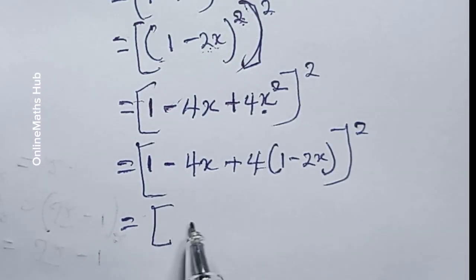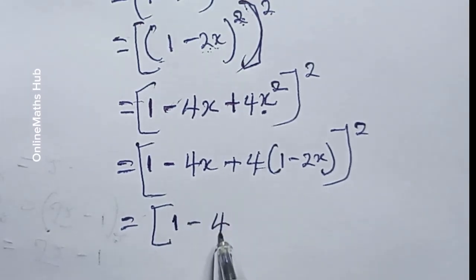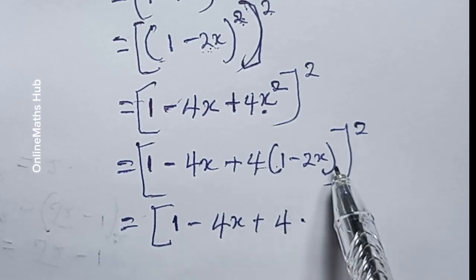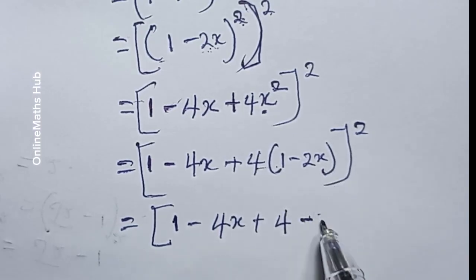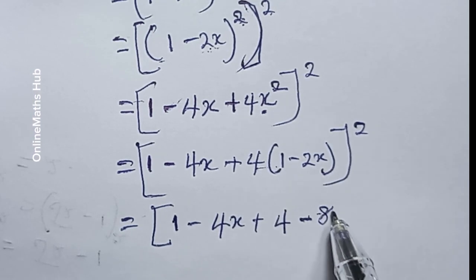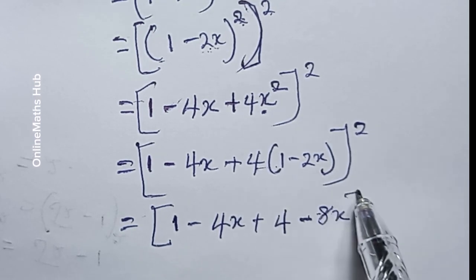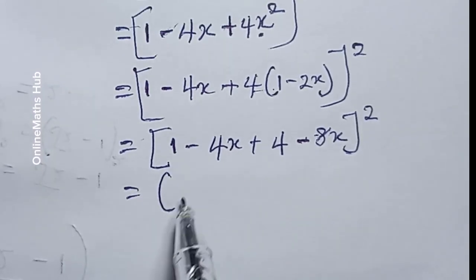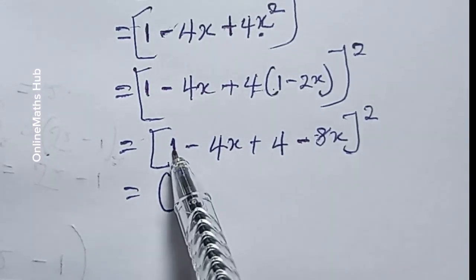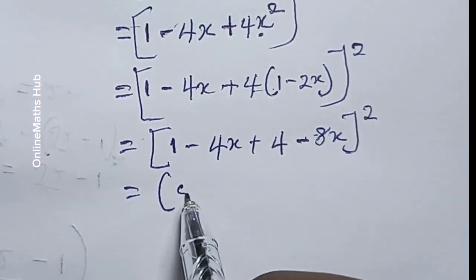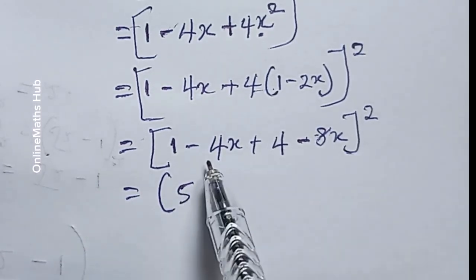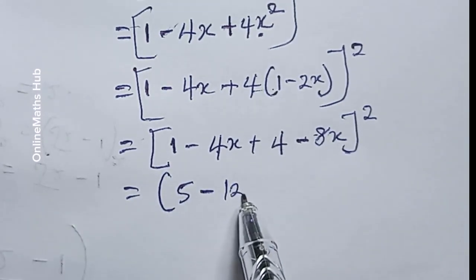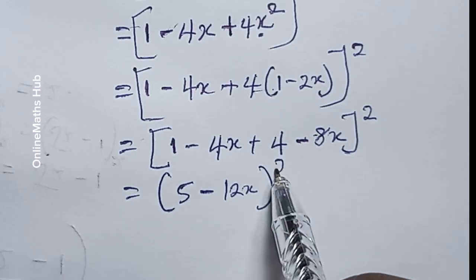So I'm going to be having a bracket 1 minus 4x plus 4 times 1 here is 4, and then of course 4 times minus 2x will give us minus 8x, and all raised to power 2. Moving on, simplifying this stuff inside the bracket, 1 plus 4 here is 5, and then of course minus 4x minus 8x will give us minus 12x, and all raised to power 2.